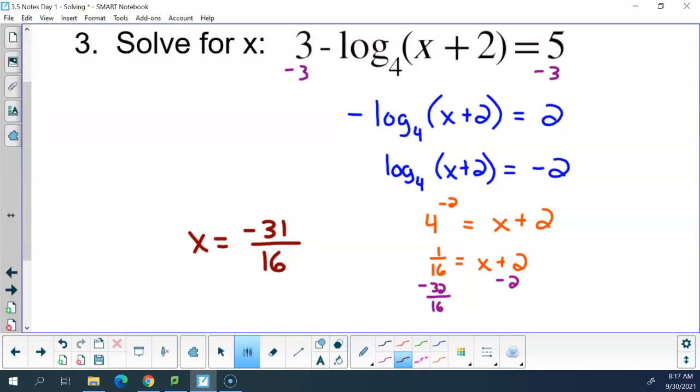Checking it back in my original equation, negative 31/16 plus 2 is 1/16. Log base 4 of 1/16 is negative 2. 3 minus negative 2 is positive 5.